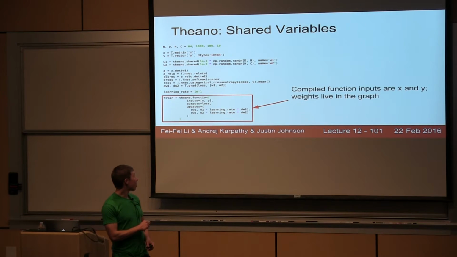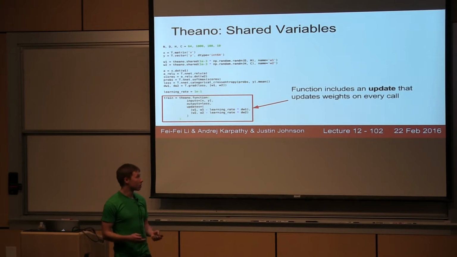And now we are going to output the loss rather than outputting the gradients explicitly. Instead, we actually provide these update rules that should be run every time the function is called. So these update rules, notice, are little functions that operate on these symbolic variables. This is just saying that we should make these gradient descent steps to update W1 and W2 every time we run this computational graph.